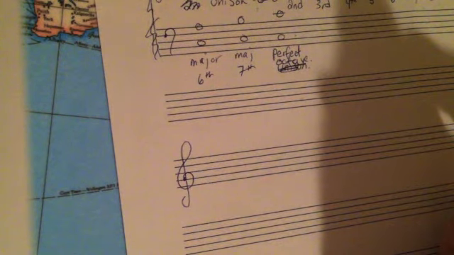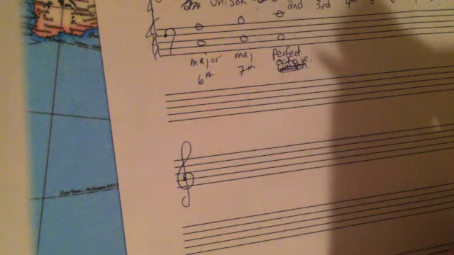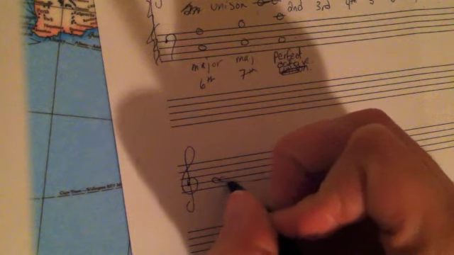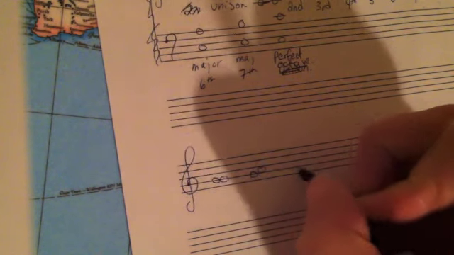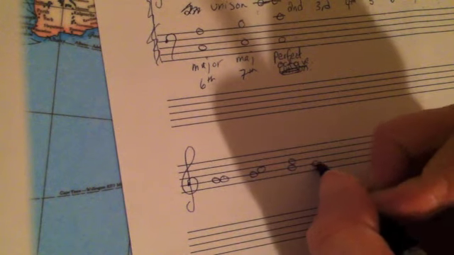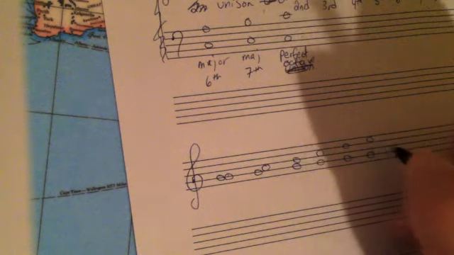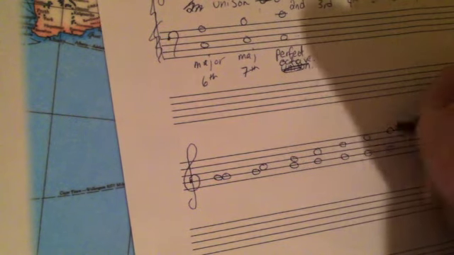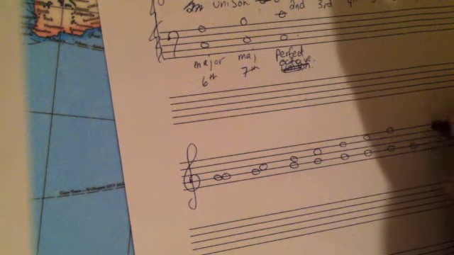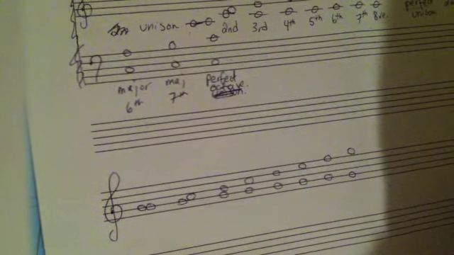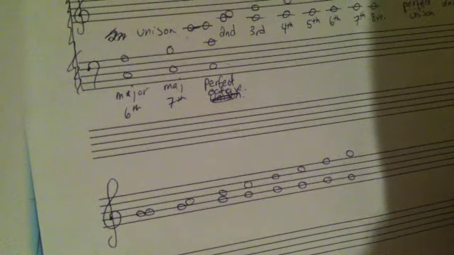So let's go down here. I want to do this in G major, so I'm going to do a whole lot of intervals that start on G. G to G, G to A, G to B, G to C, G to D, G to E, G to F. Do you remember what the accidental is in G major from the last video?